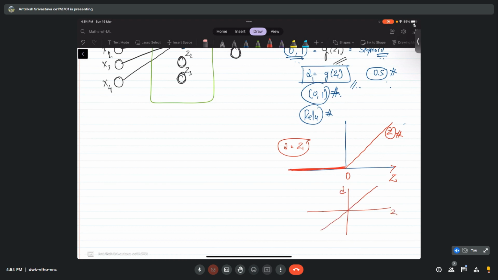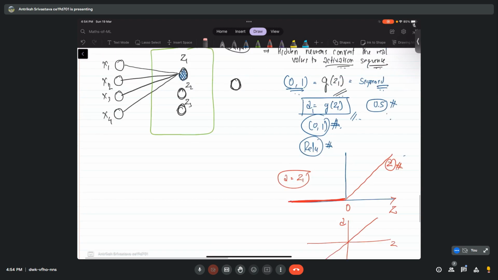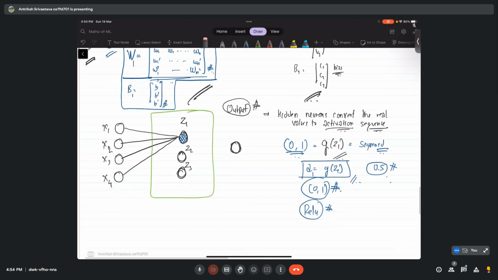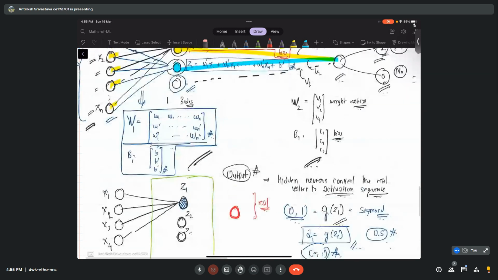If I were to use this, then I can have real values for the output from this output neuron, and in that case I can train my model to give real values also.